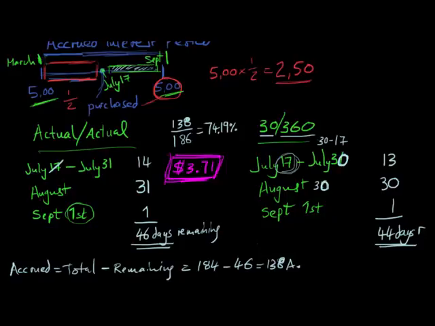And then when we come back to this calculation at the bottom, how does this change? So the formula is still the same. We've got accrued equals total minus remaining.